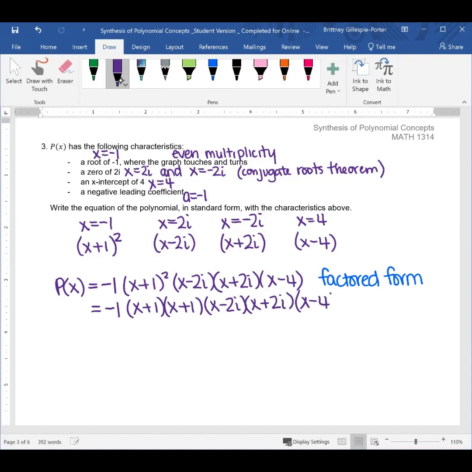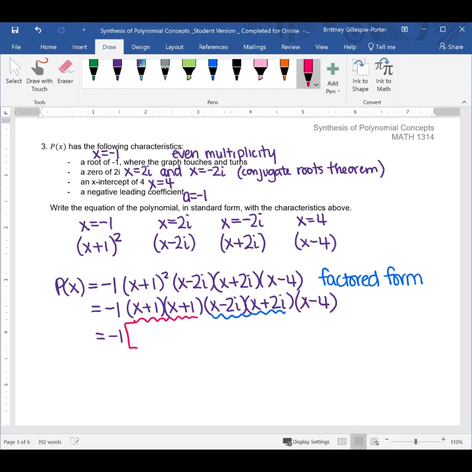When we're doing the multiplication, we've already said that you need to make sure that you multiply the i's together. So we will be doing that, and we need to multiply some other stuff together as well. I'm going to start with the x plus 1, and then we'll do the i's.